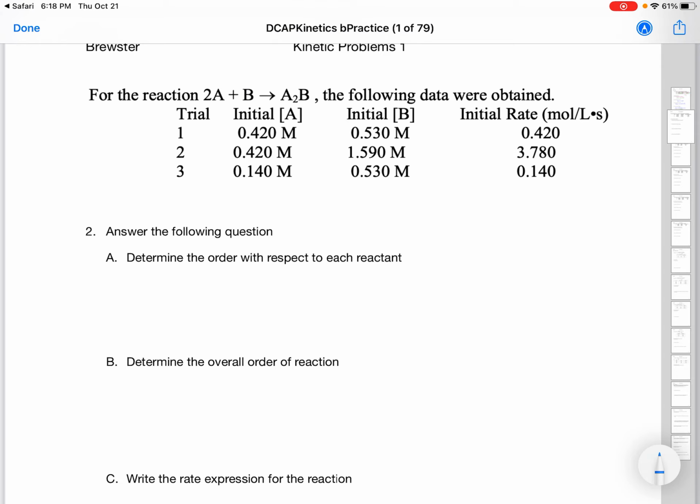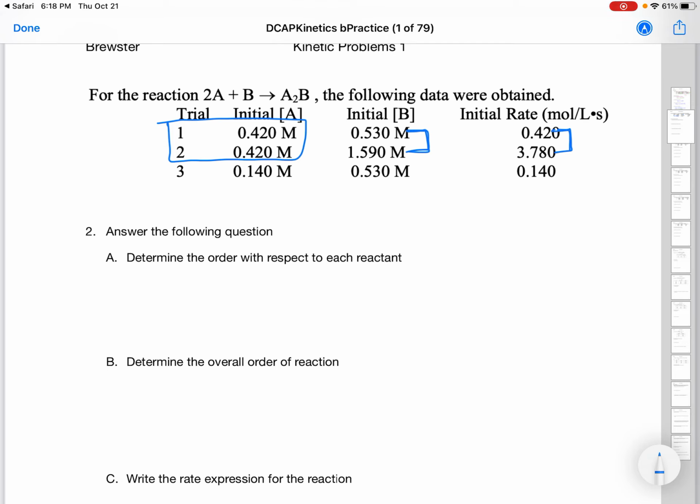Remember, the easiest thing is to find something that's being held constant and then compare everything else. And so if I look here on trial 1 and 2, this is being held constant. So I'm going to compare for B, trials 1 and 2.